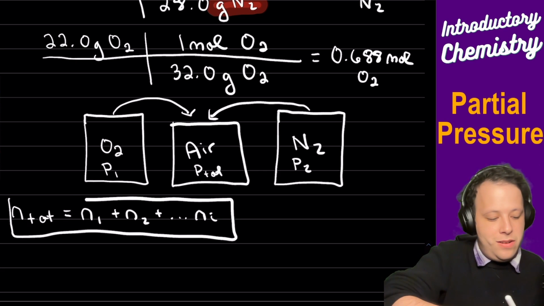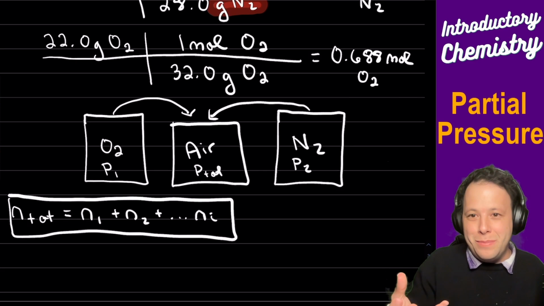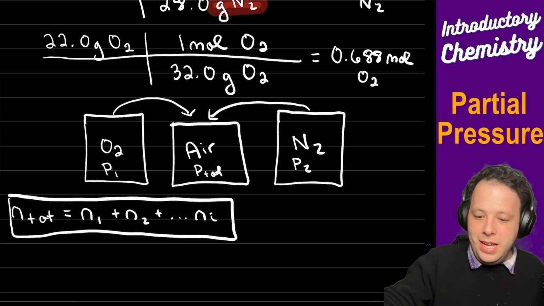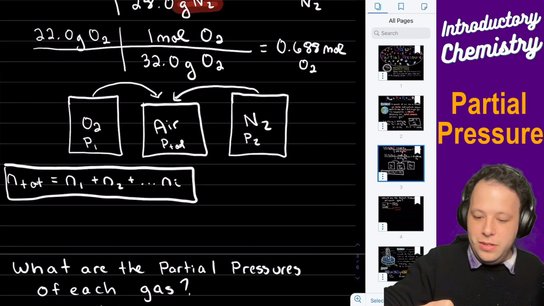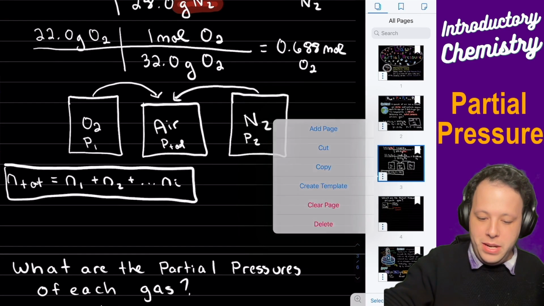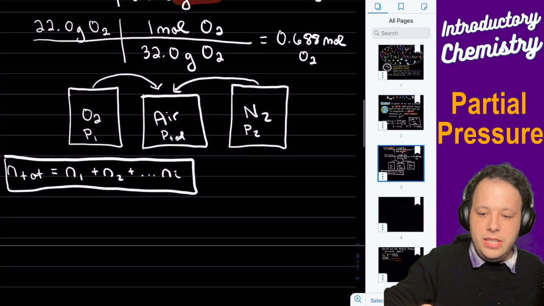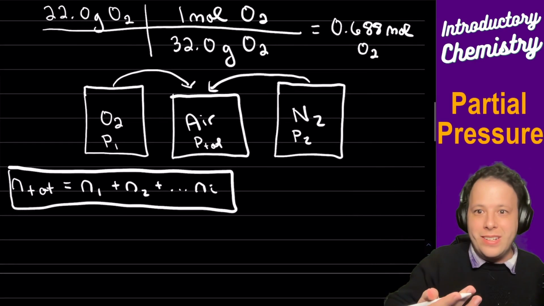So another partial law comes into play, which is partial moles. So being that that's the case, what we can do with that, let me just add another page here, is we can use that to do more calculations.